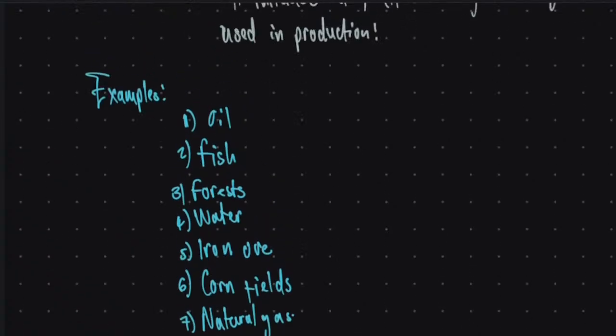So all naturally occurring resources. Anything provided by nature is classified as land. Water.